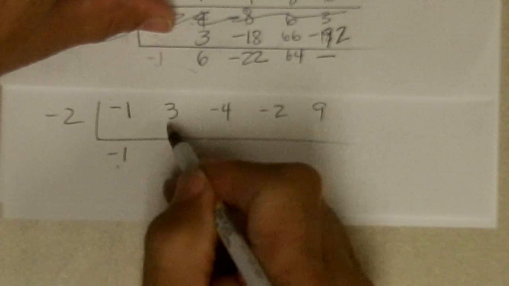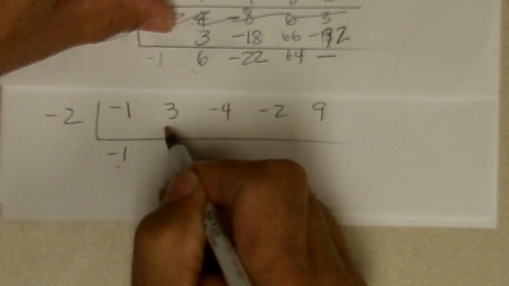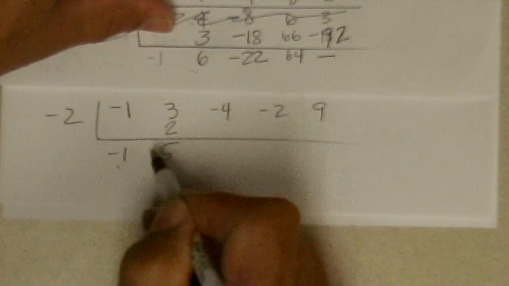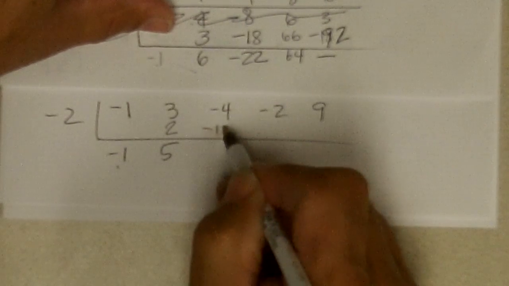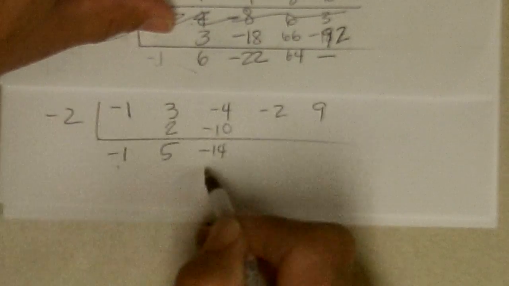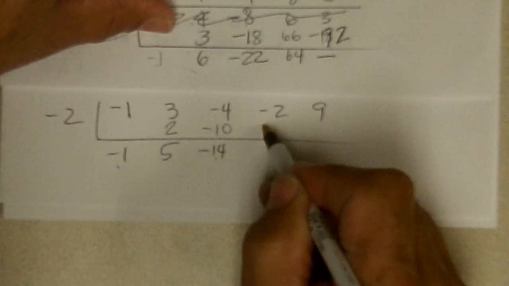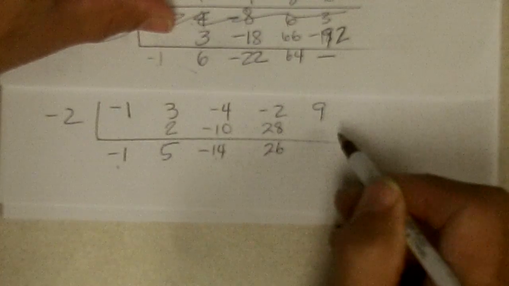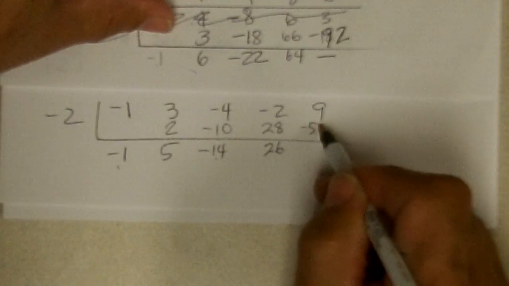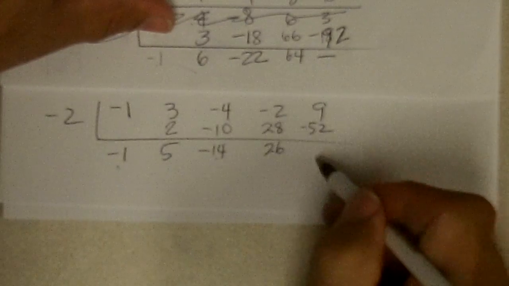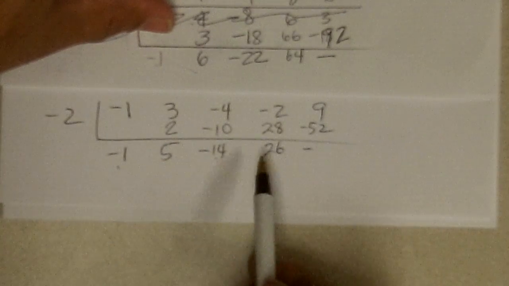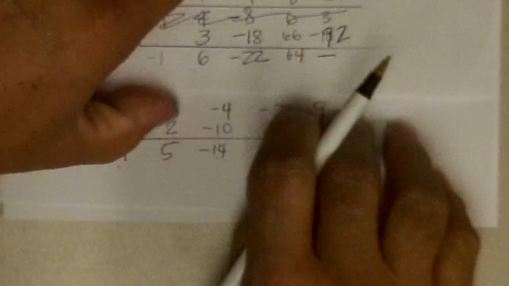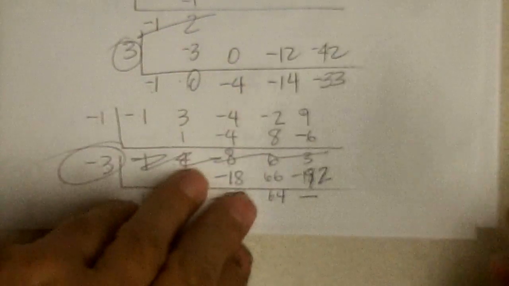Minus 1, 2, 5, negative 10, negative 14, 28, 26, negative 52, and so this is negative, and so every one is a sign change, so negative 2 is actually a better lower bound.